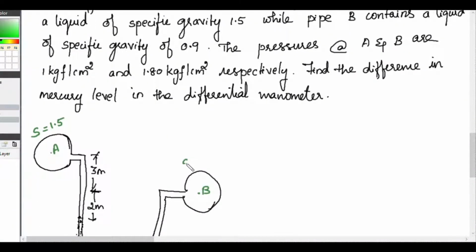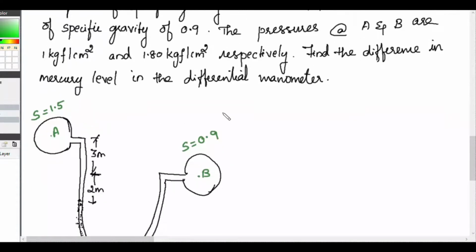At A, the specific gravity is 1.5, so the density of the liquid at A is 1.5 into 1000, which gives 1500 kilogram per meter cube.